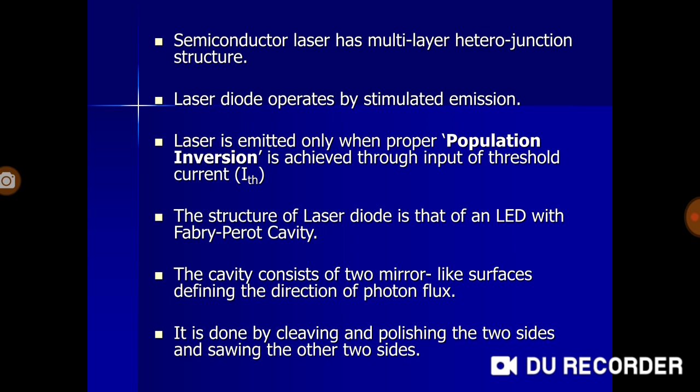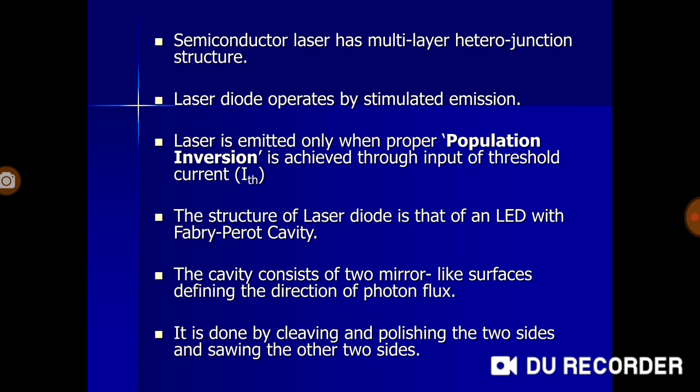In whichever method, when they are pumped up to the higher energy state, these electrons again fall back from the higher energy state to the lower energy state, and while they fall, they emit photons. Since this is not natural but caused by external stimulating signals, it is called stimulated emission. So the most important thing is, laser diodes operate by stimulated emission.